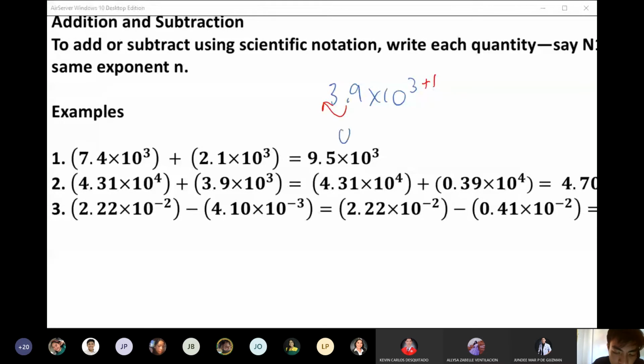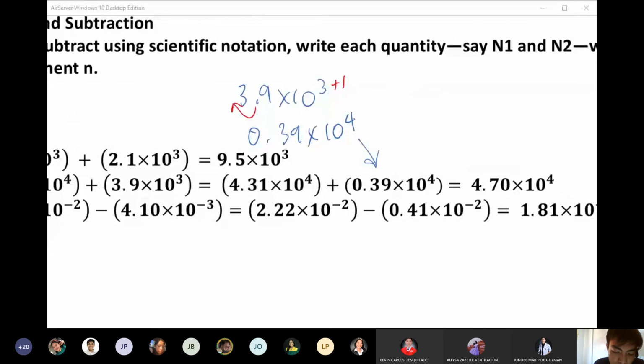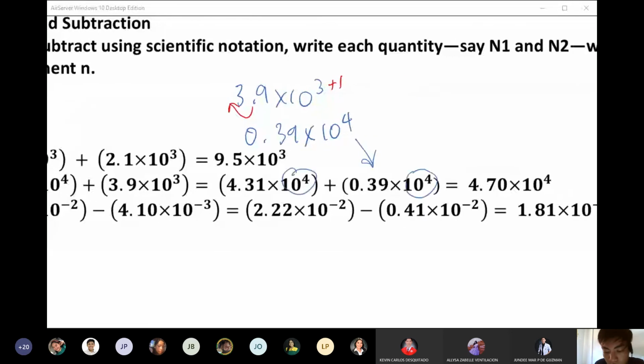So, we can rewrite this as 0.39 times 10 raised to 4. Diba? Easy. Ayan o. Ayan siya. Then, after doing so, you can copy these exponents since they are already the same, and you can add these numbers. 4.31, 4.39, 0.39, that's 4.7.